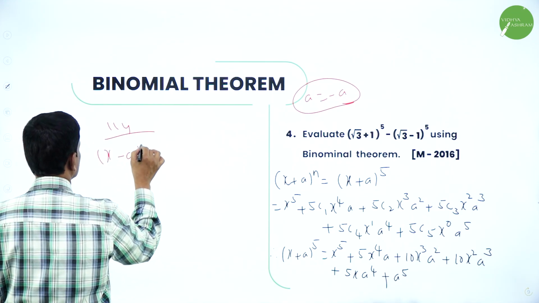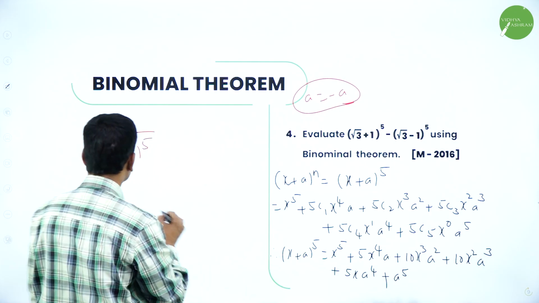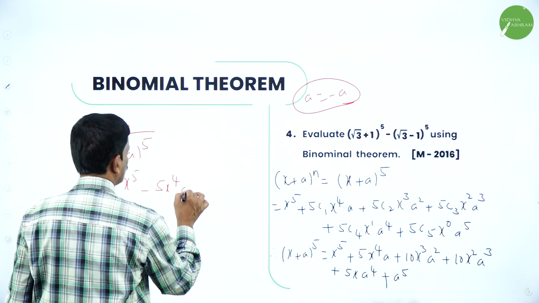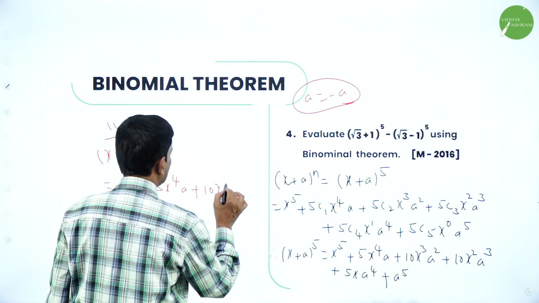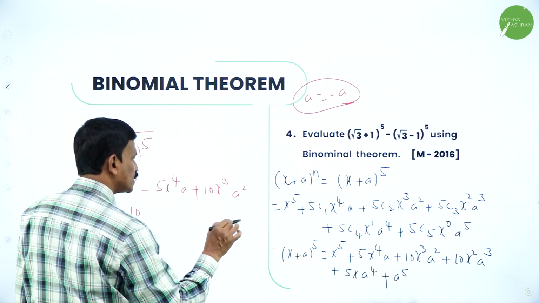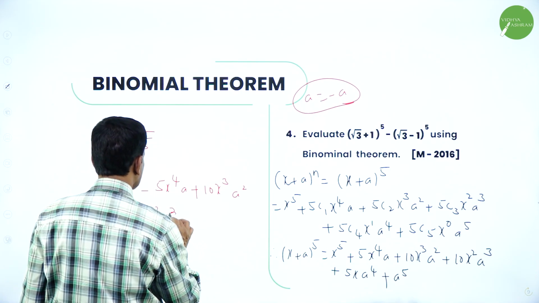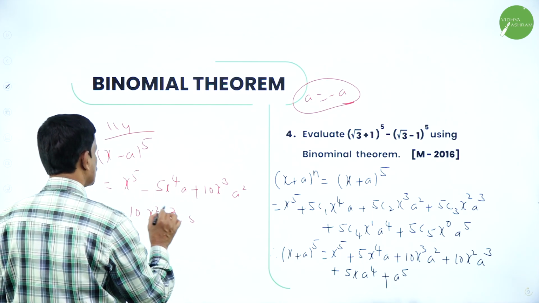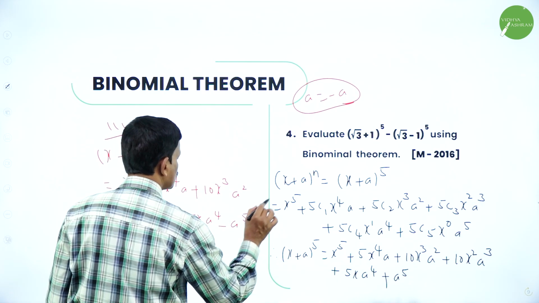Now similarly, (x minus a) to the power of 5 can be written as, just replace a by minus a. What you will get? x raised to 5 minus 5x to the power of 4 into a plus 10x cube a square minus 10 x square a cube plus 5x a to the power of 4 minus a raised to 5.